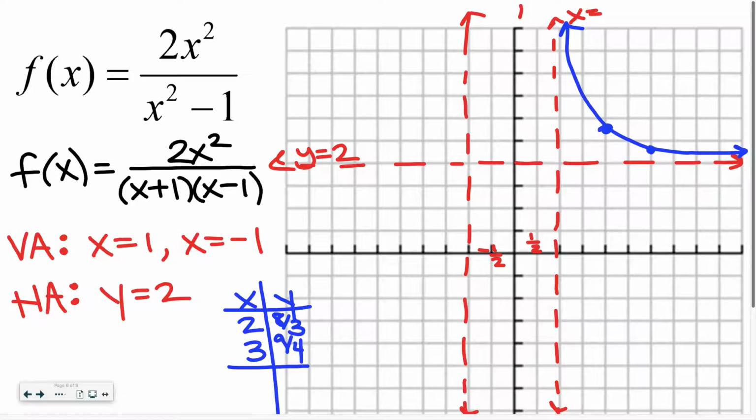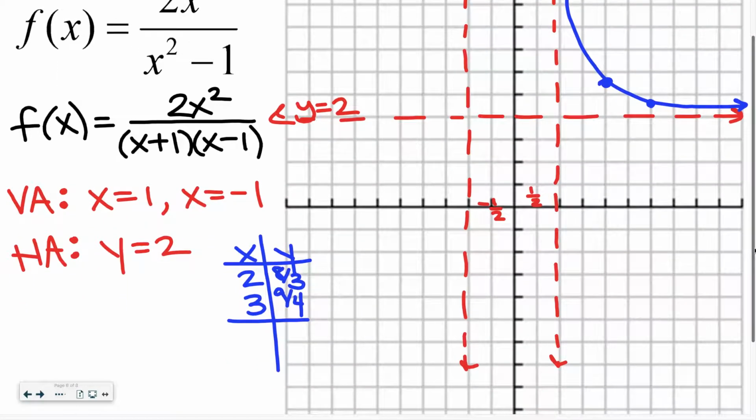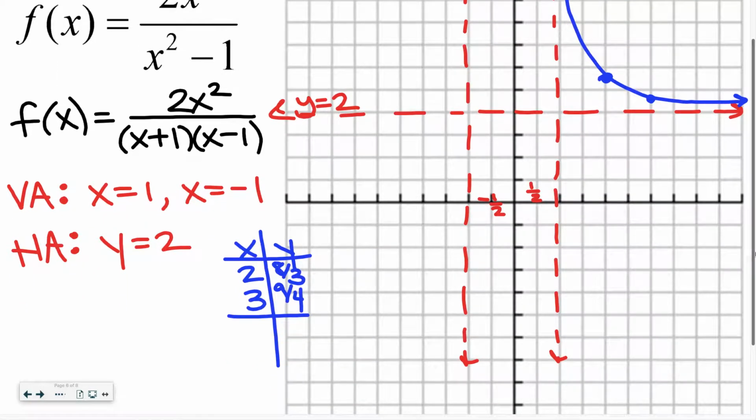All right, you have that written down, right? Now I'm going to go to the very left side because we might have some symmetry happening. Since we have an asymptote at -1, I'm going to pick -2 and -3.